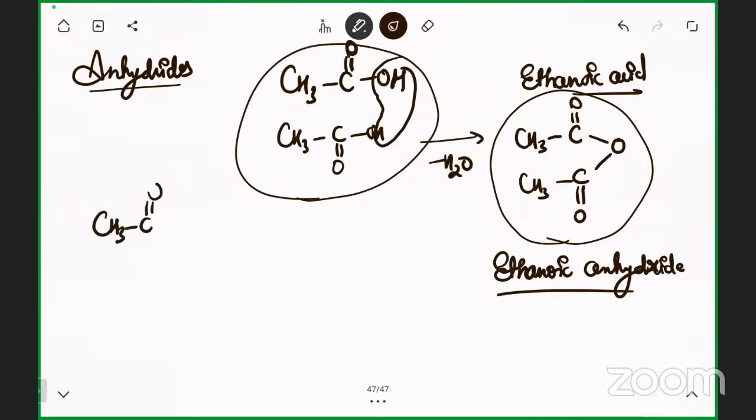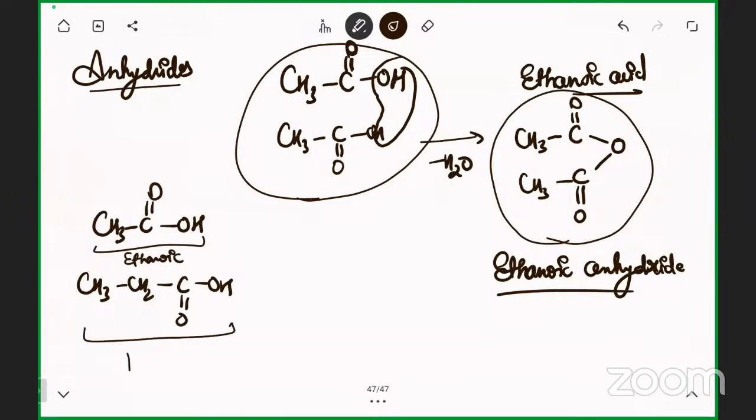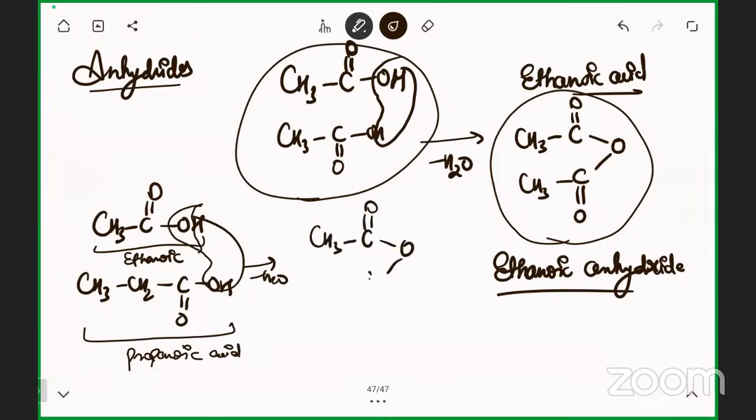Just see, CH3 C double bond O single bond OH, and another example is CH3 CH2 C double bond O single bond OH. This is ethanoic acid. This is propanoic acid. What I'm doing, I'm eliminating a water molecule. It will form CH3 C double bond O single bond O single bond C double bond O single bond CH2 and then CH3. So this compound is an anhydrous condition.